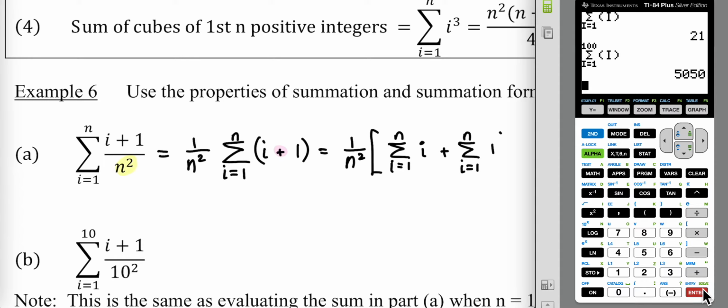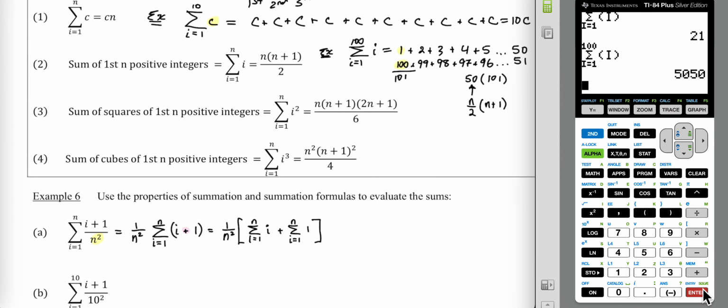Now that 1's a constant. That constant rule is going to come into play. That's the first rule that we talked about here, well, in the box anyway. All you do is you take your constant and multiply it by the upper bound of the summation. So that's just going to be an n. All right, that sum from i equals 1 to n of i, that's that Gauss rule that we talked about.